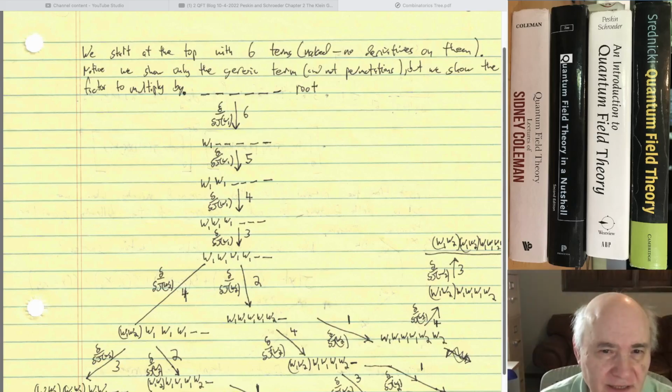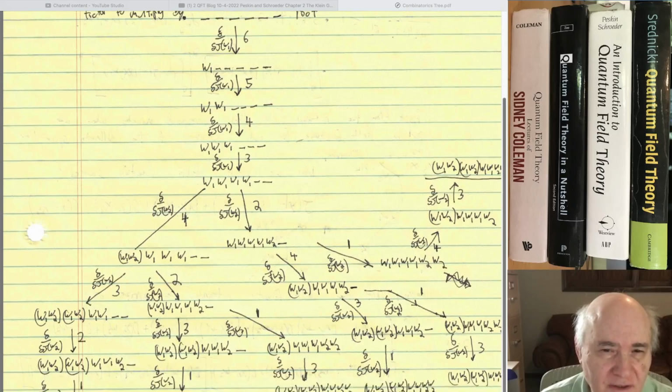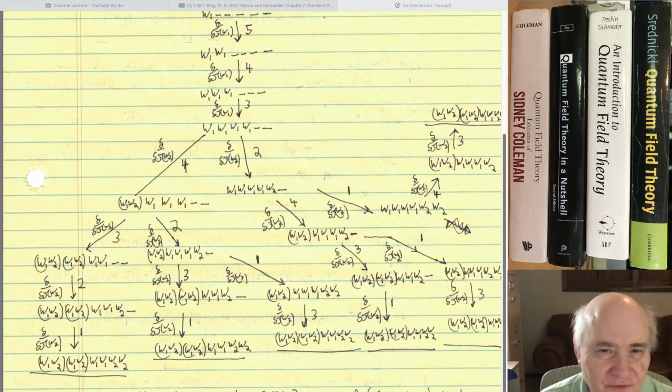Then we apply del W1, and we can have 6 places to apply it, so that's 6 times. And then we apply del W1 again. We're doing this 4 times, so we get 5, 4, 3. So that gives us 6 times 5 times 4 times 3.